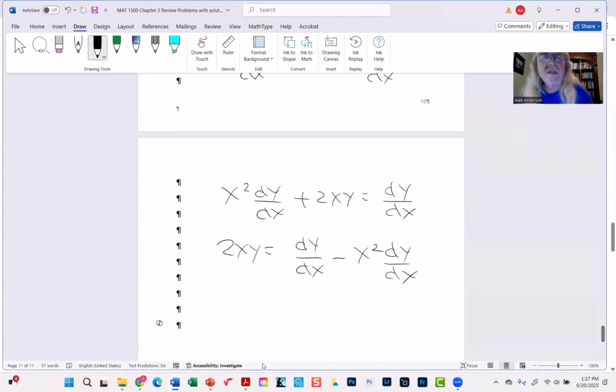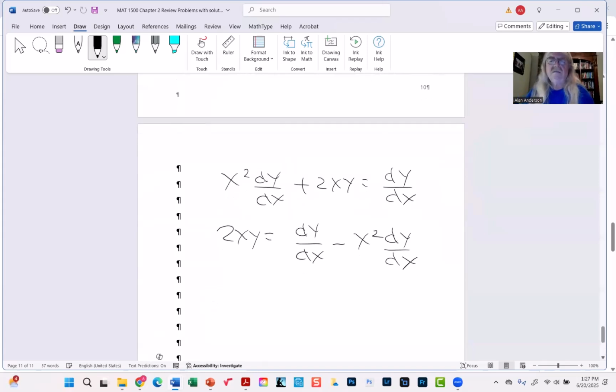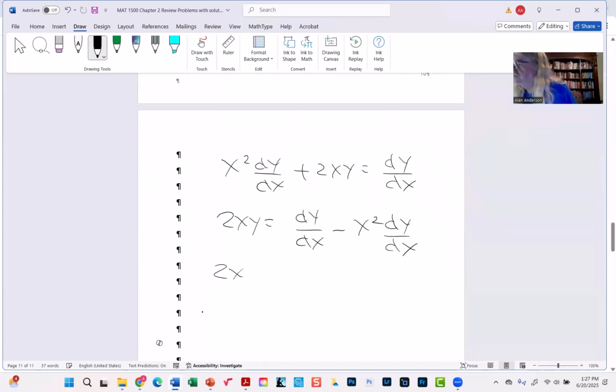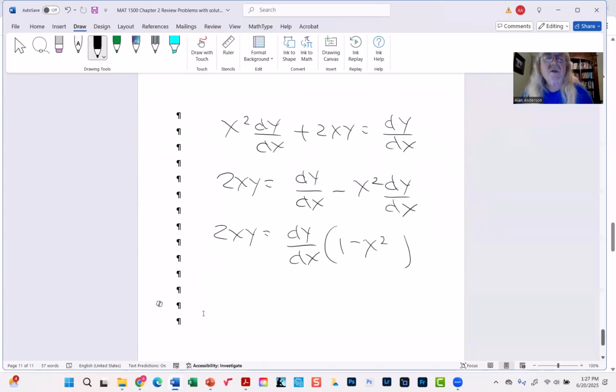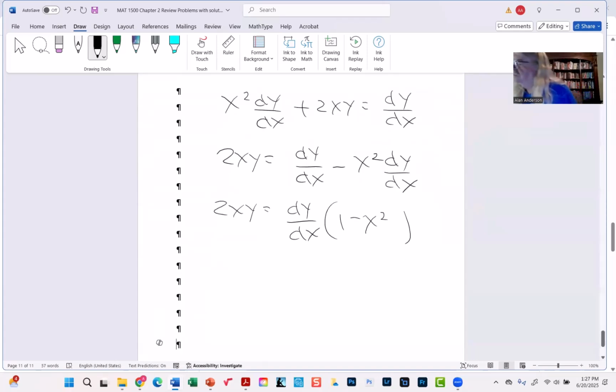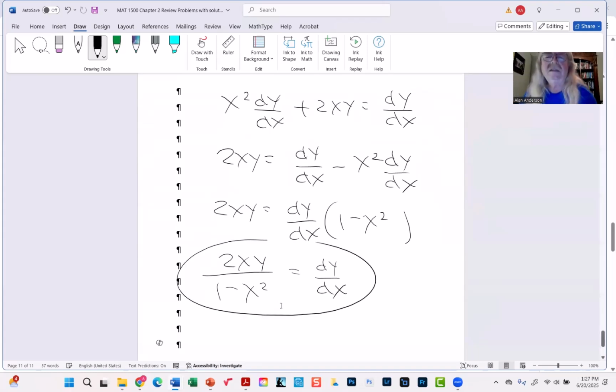Factor out the dy dx. And then divide both sides, of course, by that 1 minus x squared. And at long last, you're done.